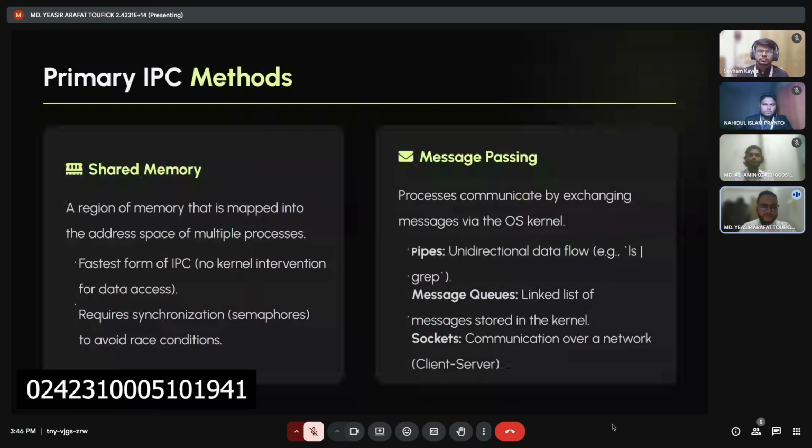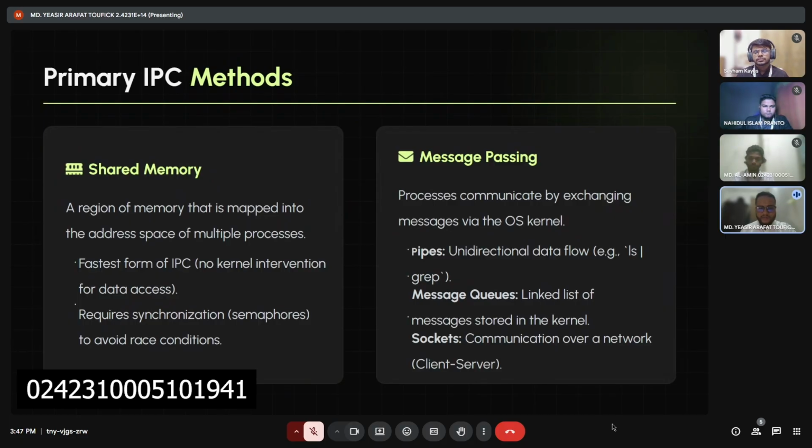Primary IPC methods. Now, how do we actually implement this? There are two primary architecture models. First, on the left, we have shared memory. Imagine a whiteboard in a conference room. Multiple people can walk up and write on it.